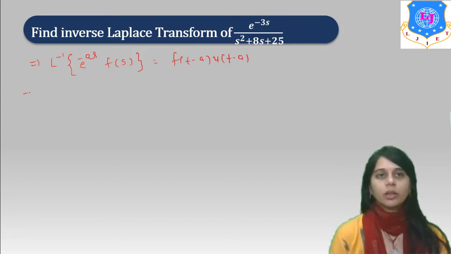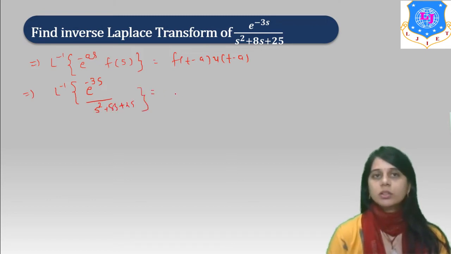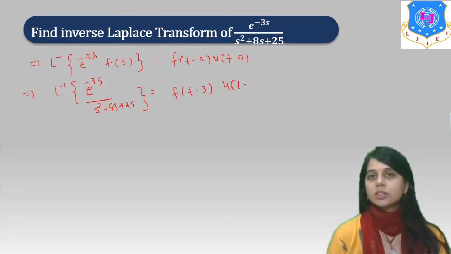Now, first of all, we compare this form e raised to minus 3s upon s square plus 8s plus 25. So the answer is f of t minus 3, u of t minus 3. But what is the inverse of f of s?